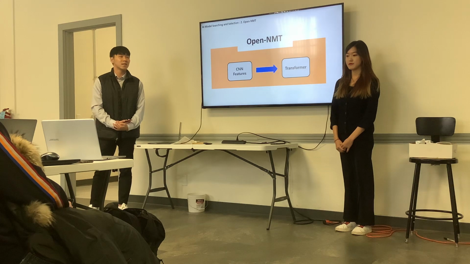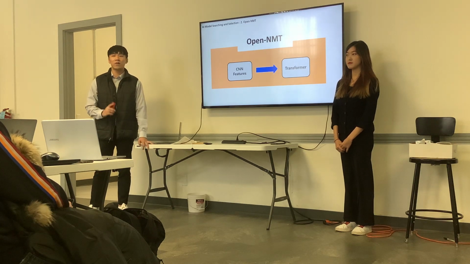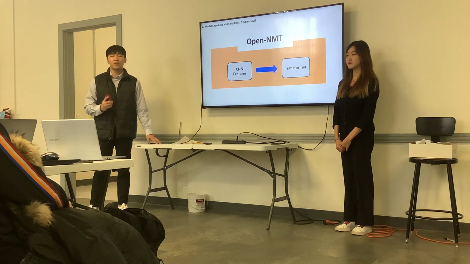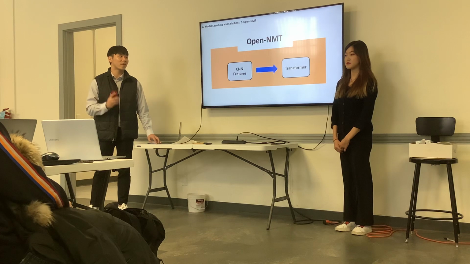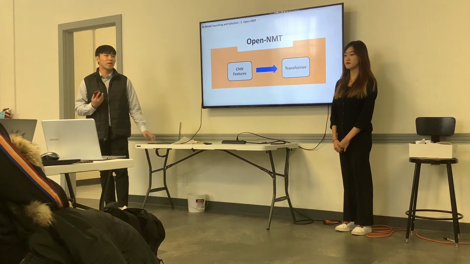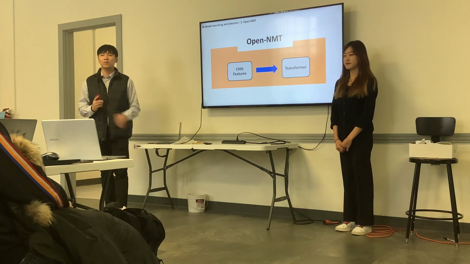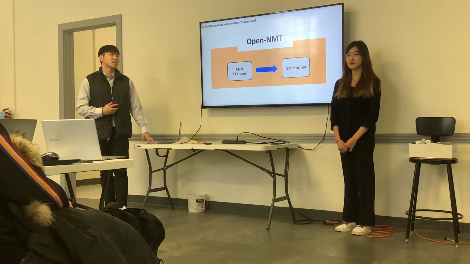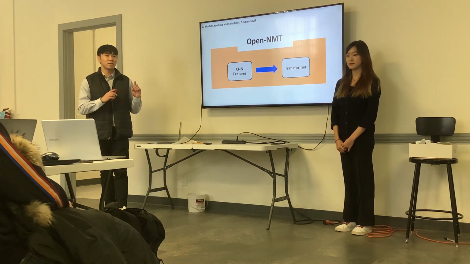OpenNMT provides several models for machine translation tasks. Among them, the video-to-text model is perfect for us. This model uses CNN models to extract features such as contours and textures and stores them in a NumPy array.